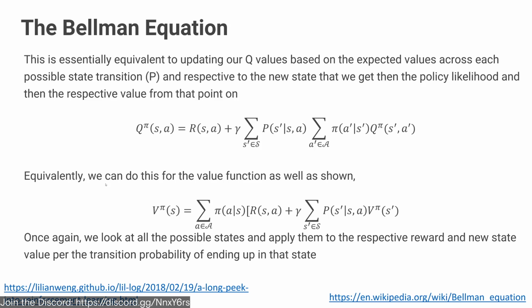We can do the same thing in the value domain, right? We can look at the value and say, okay, across all possible actions, the immediate return that we get, plus the transition model times the value of being in that new state. And you can interoperate these two. You can obviously plug this into the Q function, but then you've got the Q function recursively defined in terms of the value function, and we haven't really gotten very far there, which is kind of a problem.